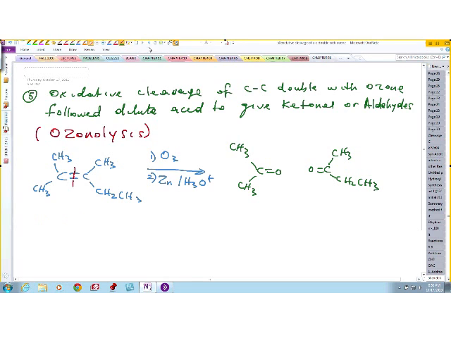Now, supposing we start with this here. We cleave this carbon-carbon double bond. This is ozonolysis, ozone followed by zinc.